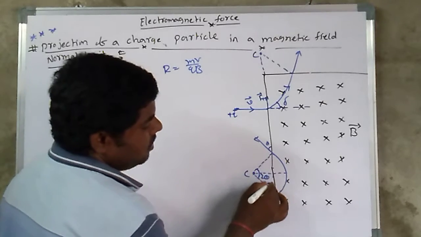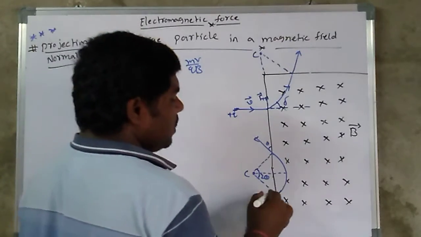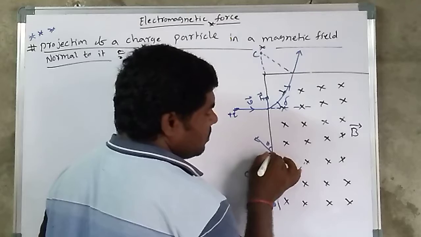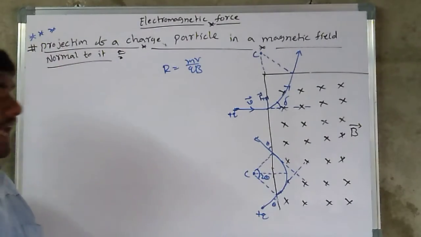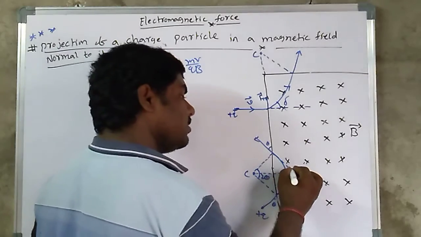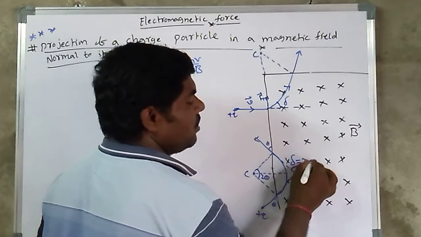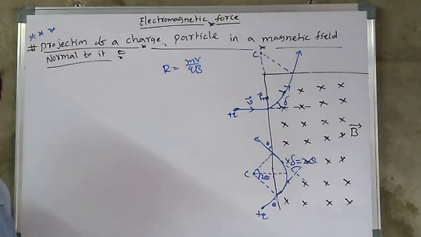Total is 2 theta. Extend the tangential line here and here also, and extend to the refraction line. This angle is nothing but the angle of deviation, which is equal to 2 theta.